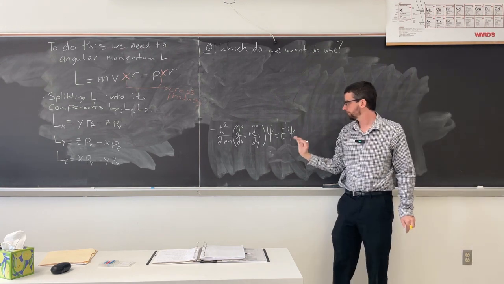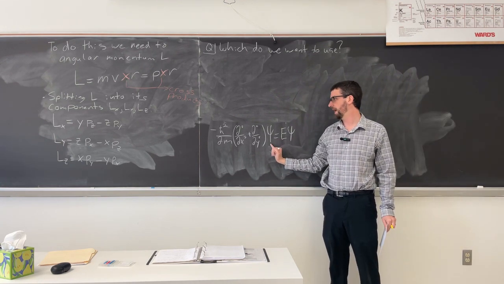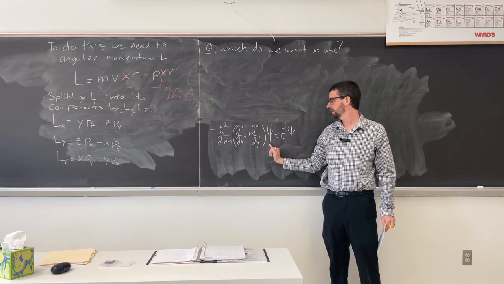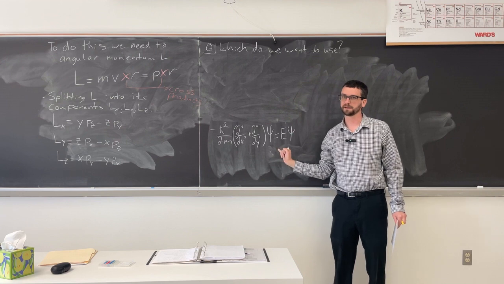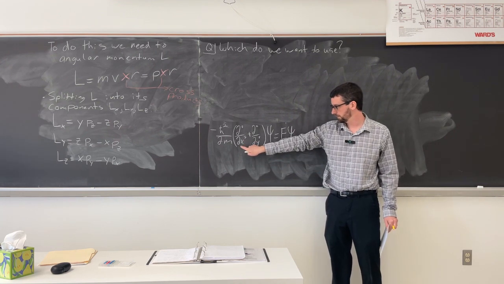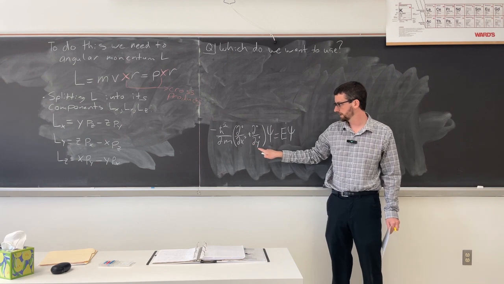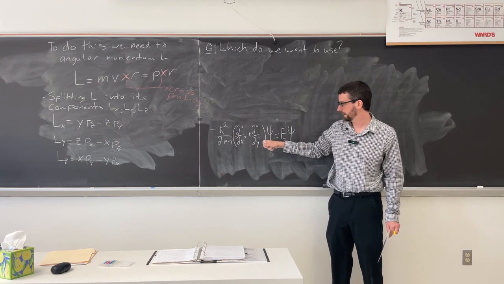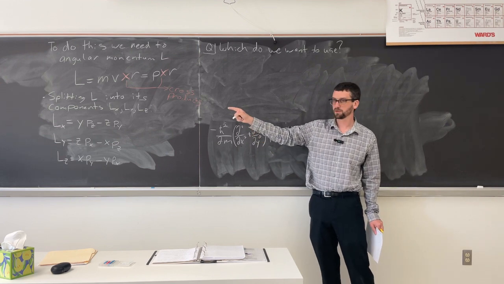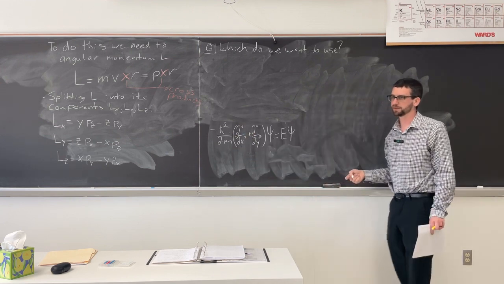Okay. What would we need to know about psi to be able to calculate this? We've got to be able to do derivative with respect to x and derivative with respect to y. So which of the angular momentum components would you pick?